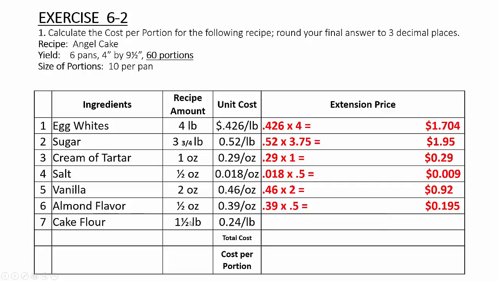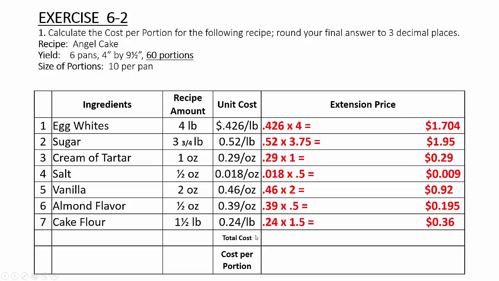And then we need cake flour, 1.5 pounds at 24 cents a pound. 24 cents per pound times the 1.5 pounds that we need. That's 36 cents to make an angel cake that will give us 60 portions. Now we want the total cost, or as is often referred to, the recipe cost.